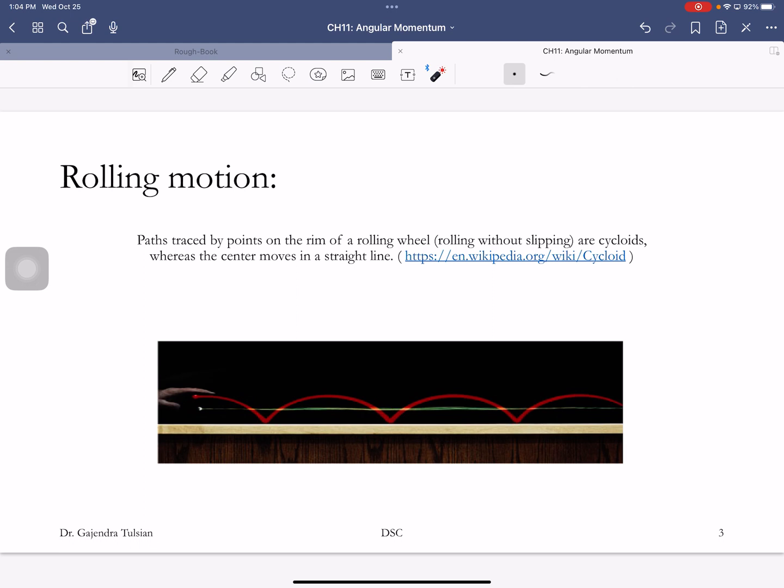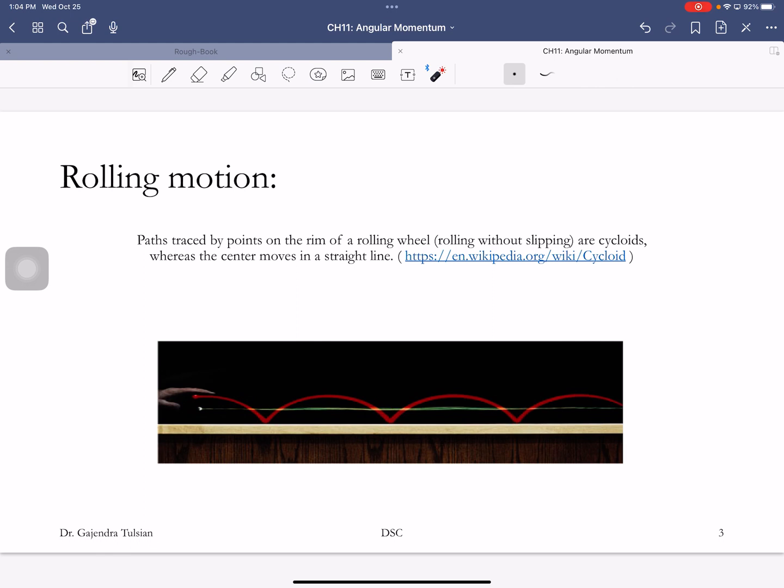What you want is this. And it turns out we'll show you this: rolling is pure rotation plus pure translation. Did you guys understand that? So rolling motion without slipping is pure rotation plus pure translation.